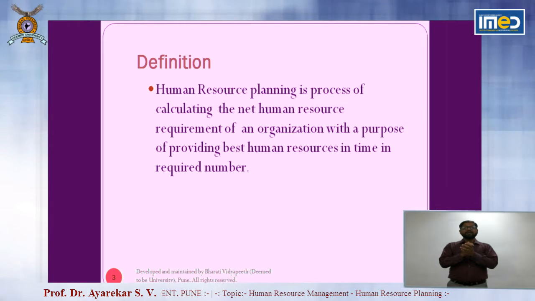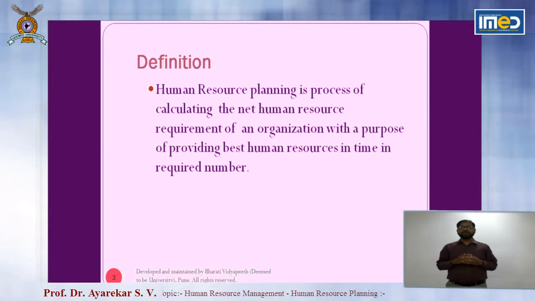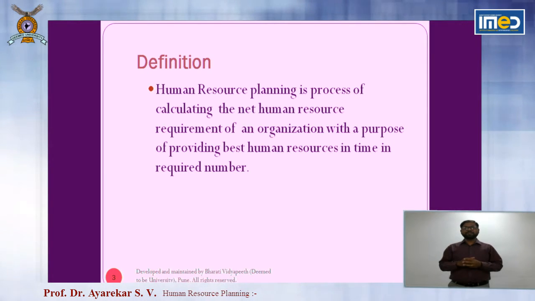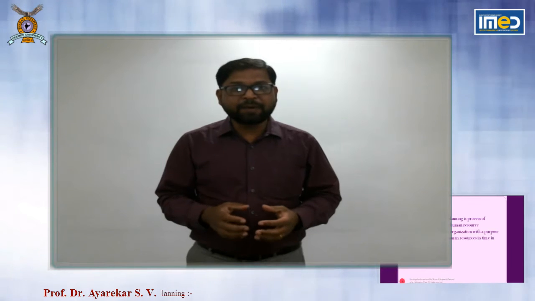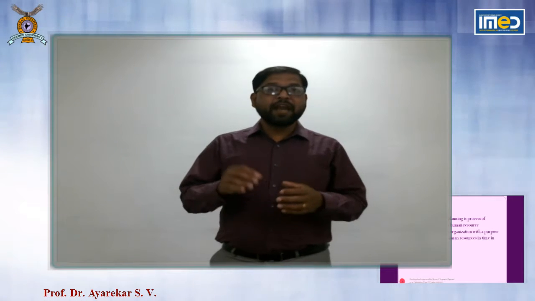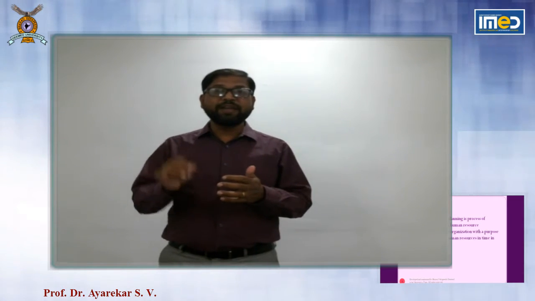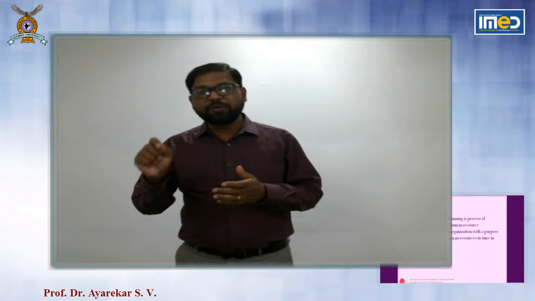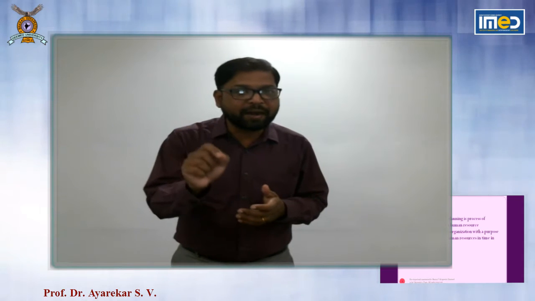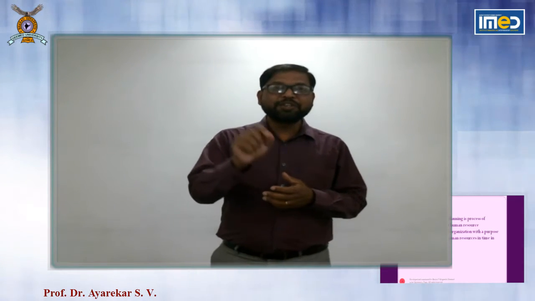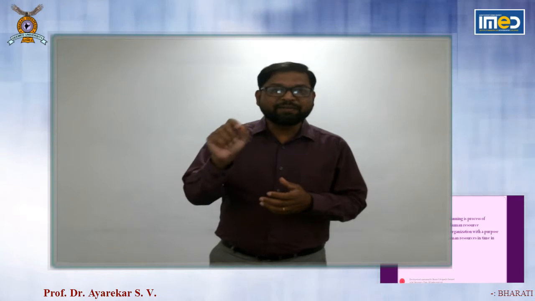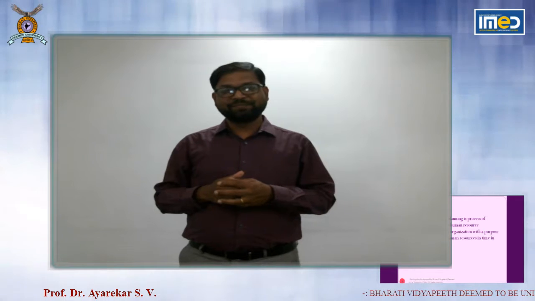Organization, in the beginning I told you, is made up of different departments. In one department there will be sub-departments. In one sub-department there will be many job titles. So we calculate the net requirement of human resources for each job title, for each sub-department, for each department, and then for the organization.